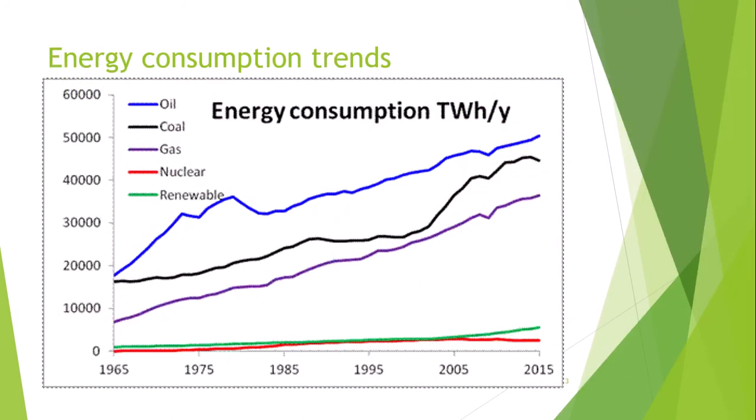Energy consumption trends. For example, this diagram shows the renewable energy consumption. We can see here that the renewable energy consumption from 1965 to 2016 shows very little increase during this period, whereas for the other sources of energy, you can see that gas is exponentially increased, and this is coal and oil.